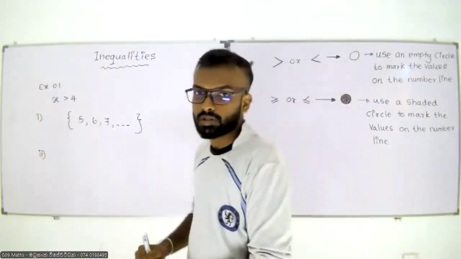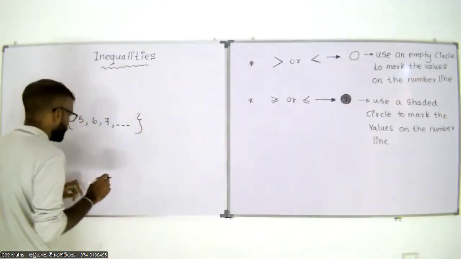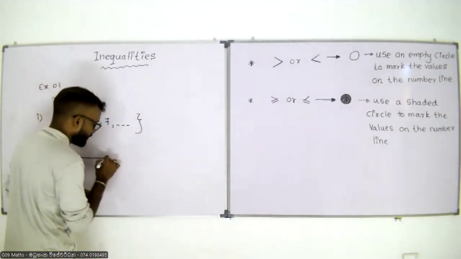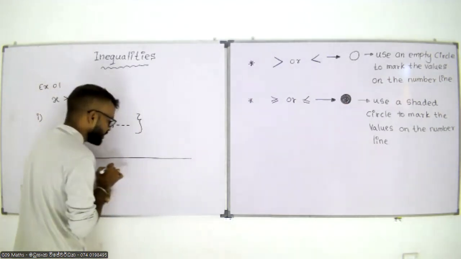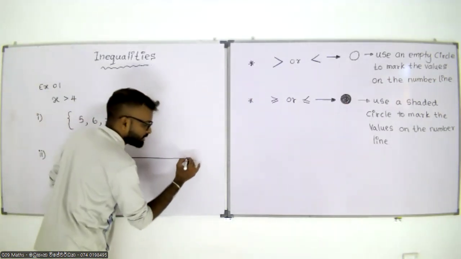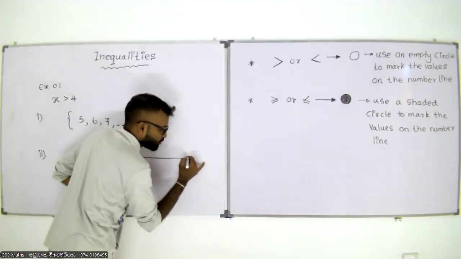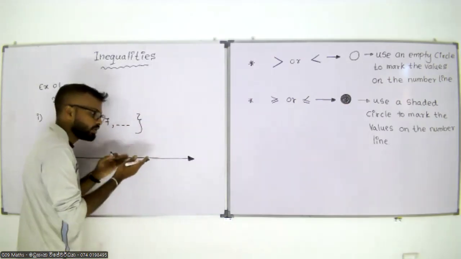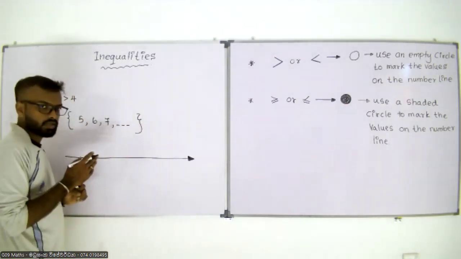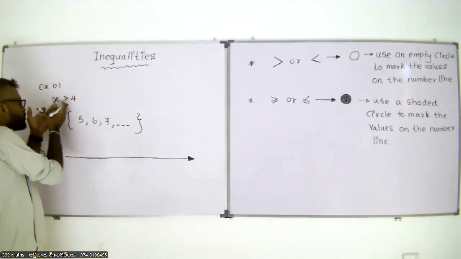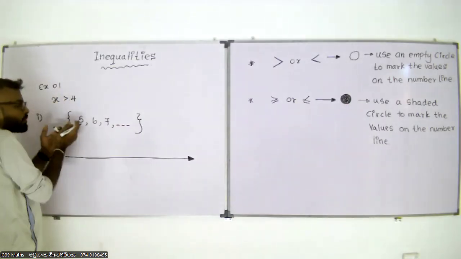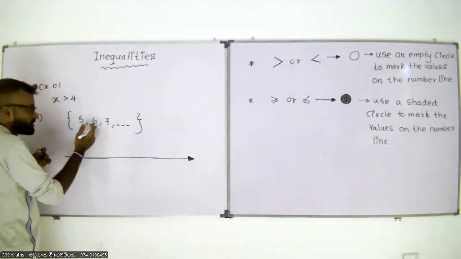Now focus on the way that I am going to draw the number line, it is important. This is a straight line segment, and definitely you need to mark an arrow at the end. It says this is continuous. Now the major part of the x values are positive, 5, 6, 7, 8.